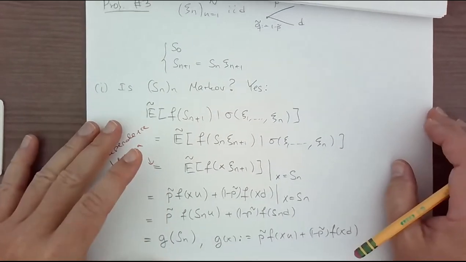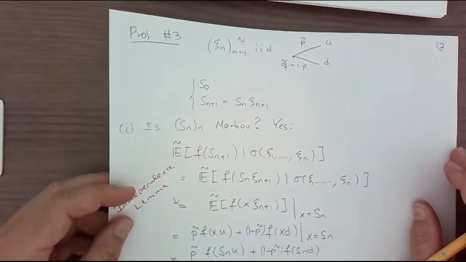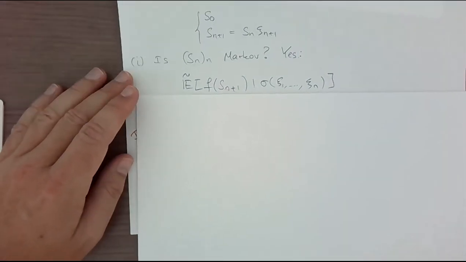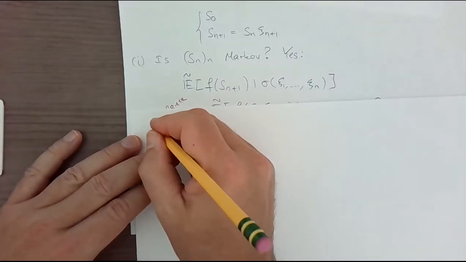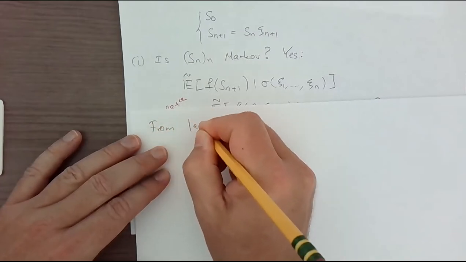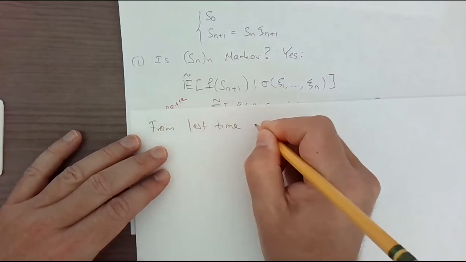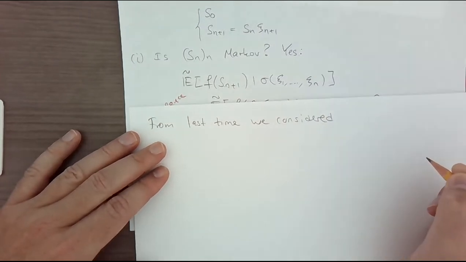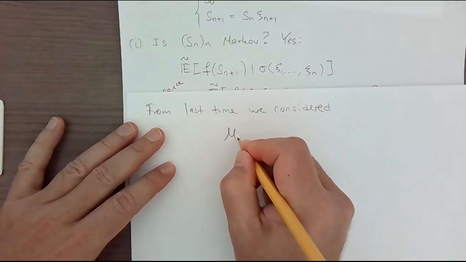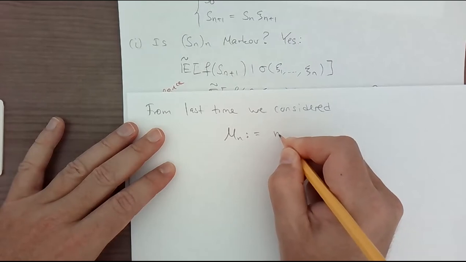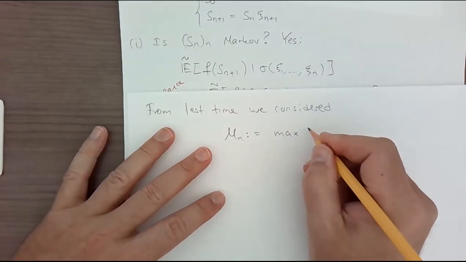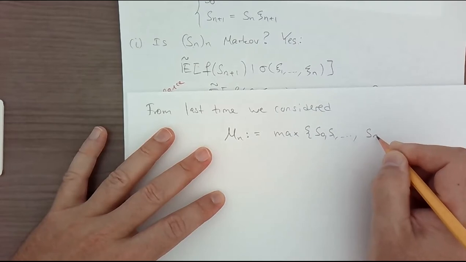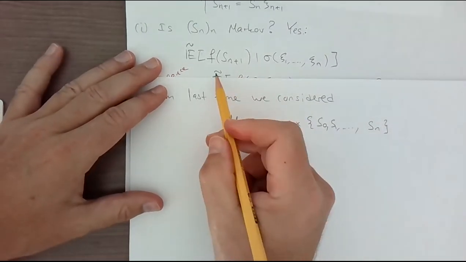We had an example from last time. We considered this max here, which was the running max of S0, S1 up to Sn. And you could try to do the same thing.